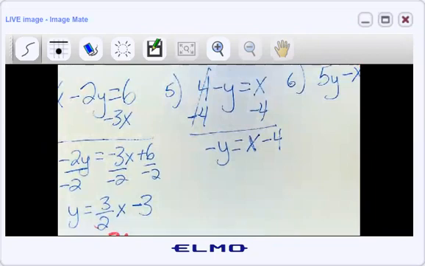So how am I going to get that? What do you do from here? Anybody? If I have -y, how am I going to get positive y?